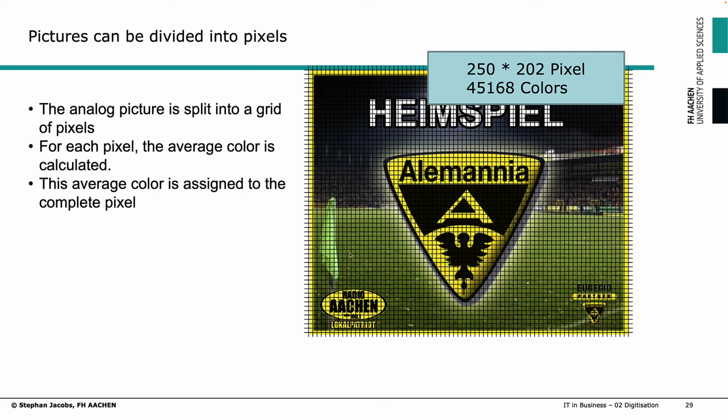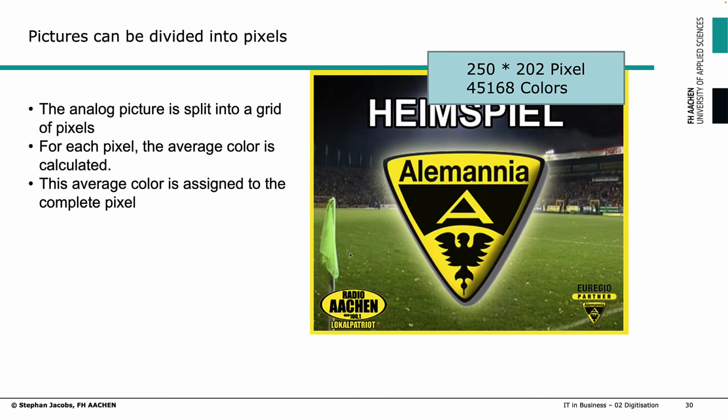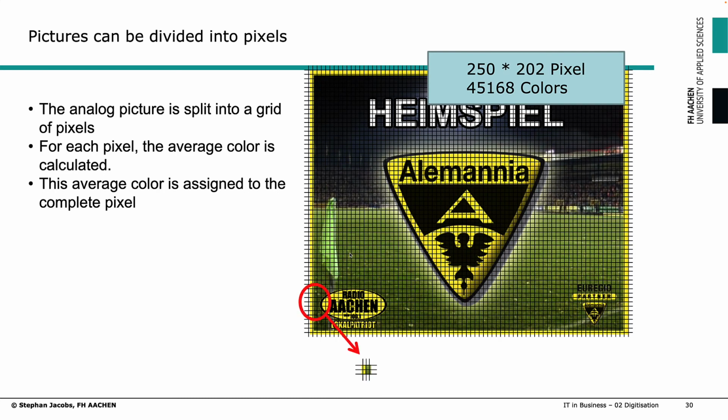Now I have used a new grid. And what do I have to do? If I take a closer look at one of these pixels, you see each of these pixels is still complex. Take for example the upper right pixel, which has a green triangle in the upper left corner, some yellow triangle in the lower right corner, and some black diagonal.